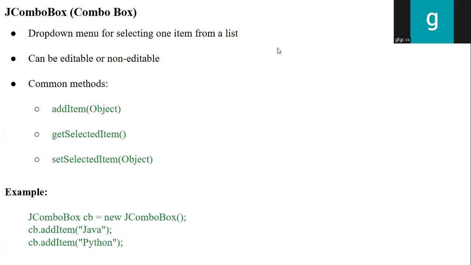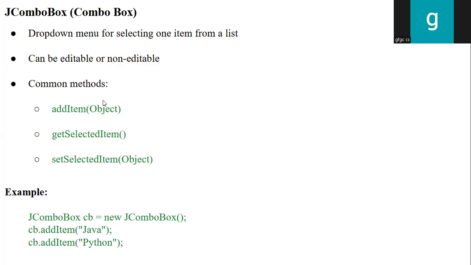Next is the JComboBox component. It is a drop-down menu for selecting one item from a list. When I want to select one particular item from the given list, I have to use the JComboBox. It can be editable or non-editable.